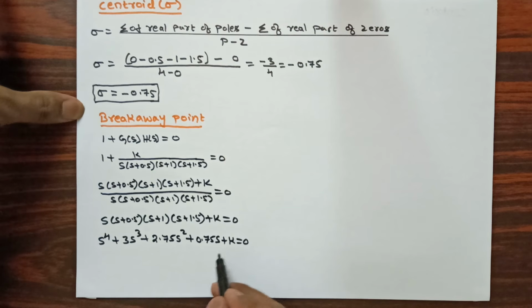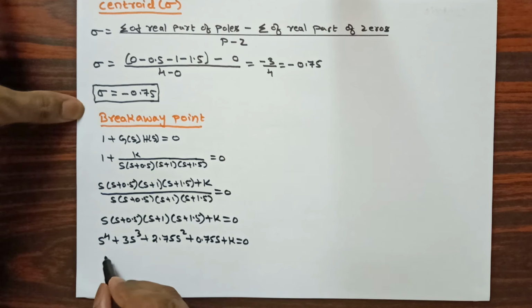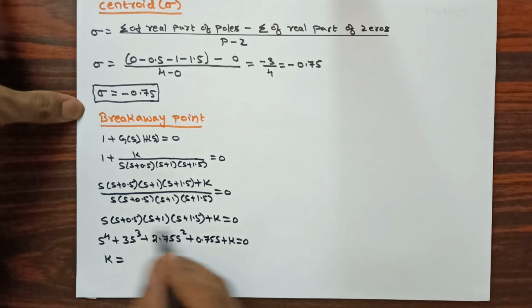From this characteristic equation, we are going to form the k equation by keeping k on the left hand side and taking all the s terms to the right hand side.